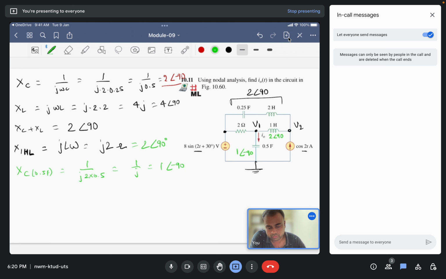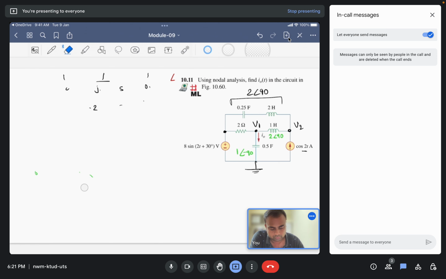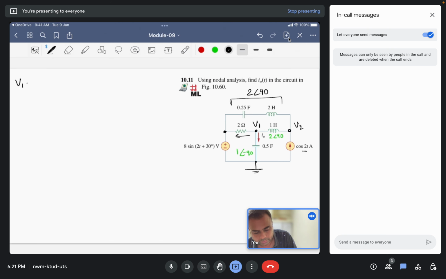Now we can start solving the problem by writing the nodal equations. First of all, we'll write the equation at node V1. Again, currents away from the node we take as positive. V1 minus the current source, here you have to convert into a phasor, we forgot to do that.